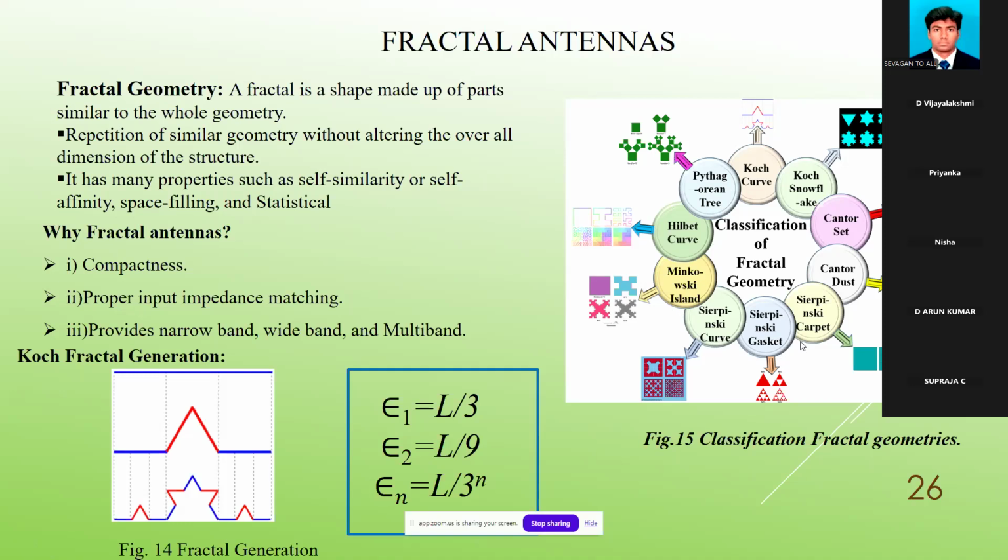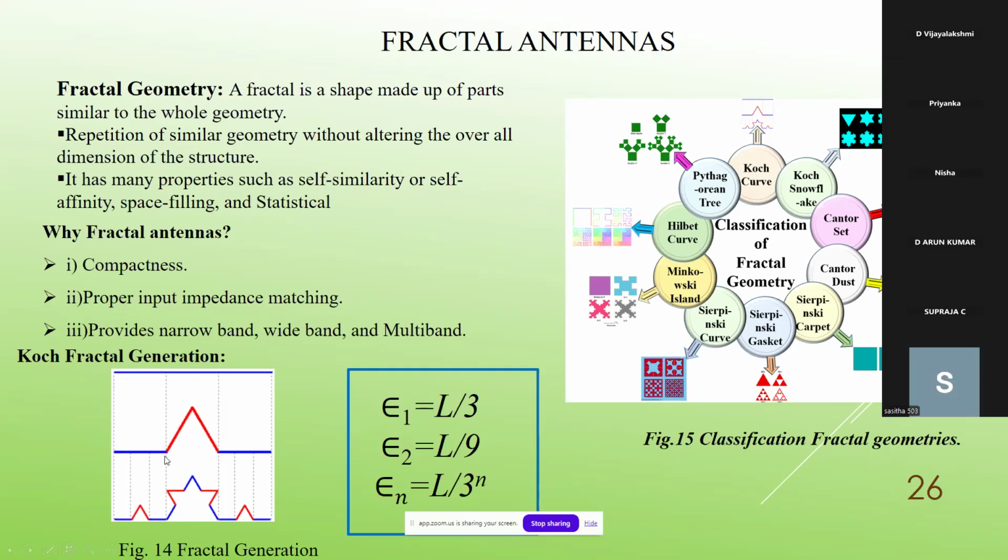When you consider a single one, we can make use of it as an antenna also. One example I have shown is how to generate a Koch fractal. Every structure has certain theory and geometry behind it, and formulas are available in that book and in other journals and articles.